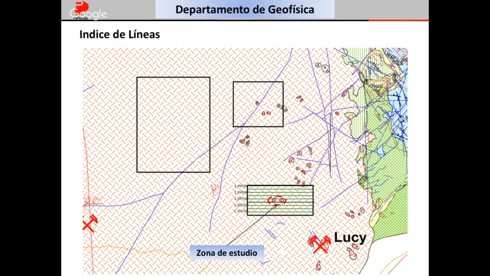So, what's the problem that we want to solve with this survey? Basically, it is to detect the breccias with copper and moly.